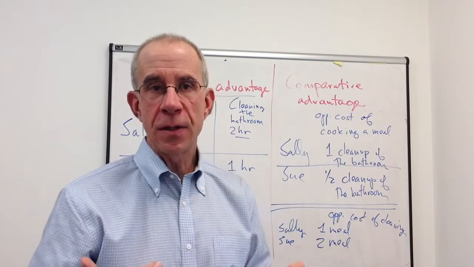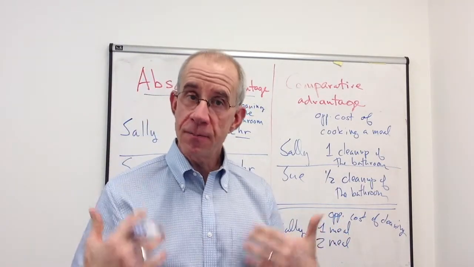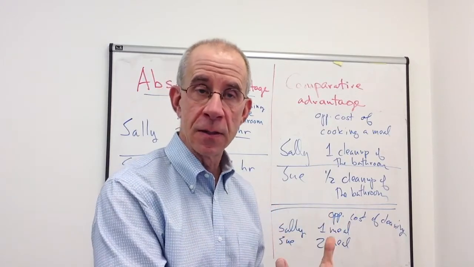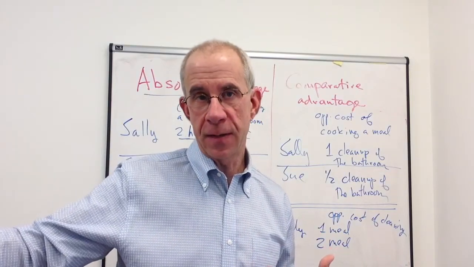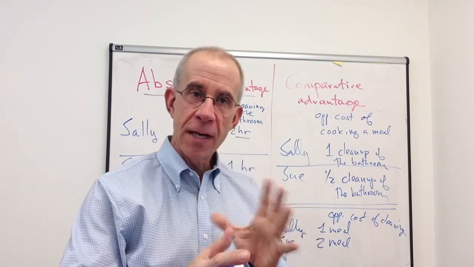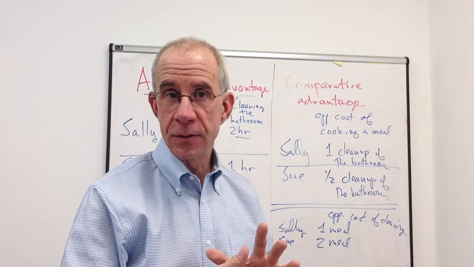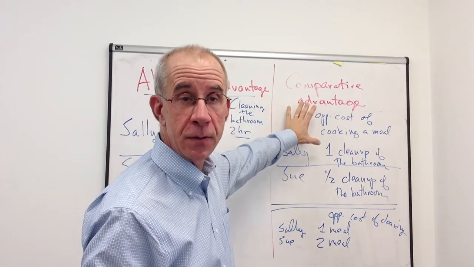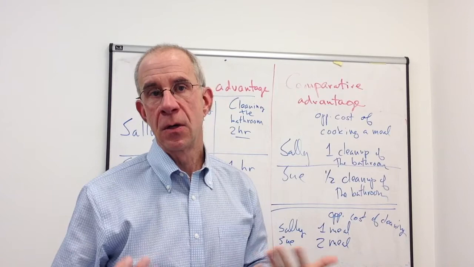And that's the reason why it might make sense in some situations for the U.S. to import steel, if the use of these resources in steel has a high foregone opportunity to produce something else. And if you reallocate according to comparative advantage, where you've got the lower opportunity cost, you can actually do better than if you just relied on your own devices.